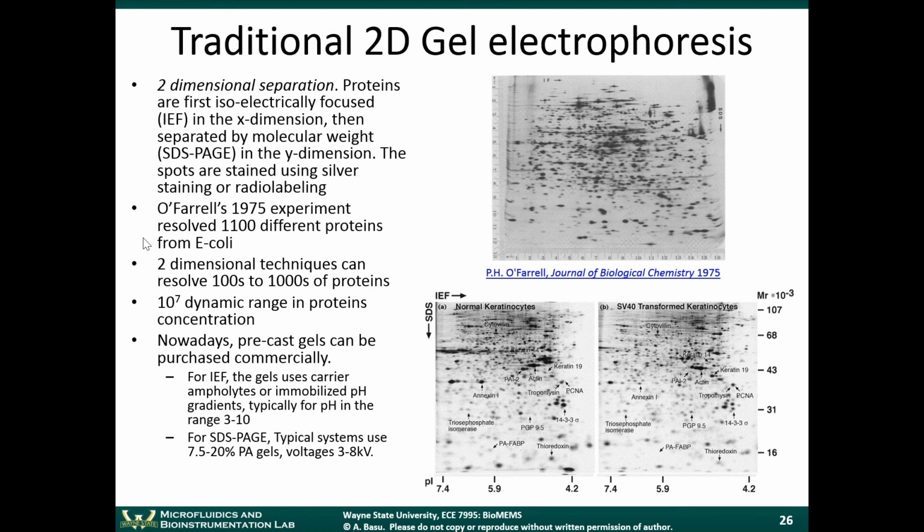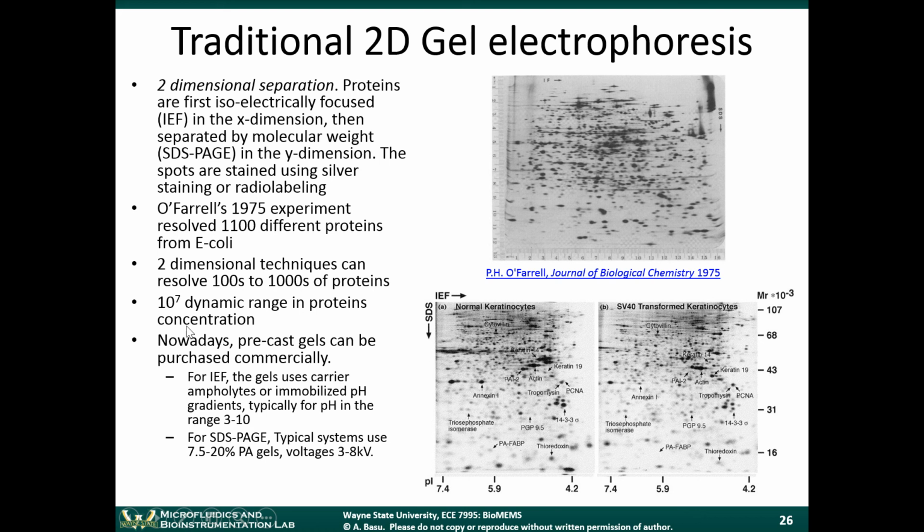2D techniques can resolve hundreds to thousands of different proteins. There's a 10 to the 7th dynamic range in protein concentration that can be detected by this. Basically, the darker the spot is, the more protein there is.